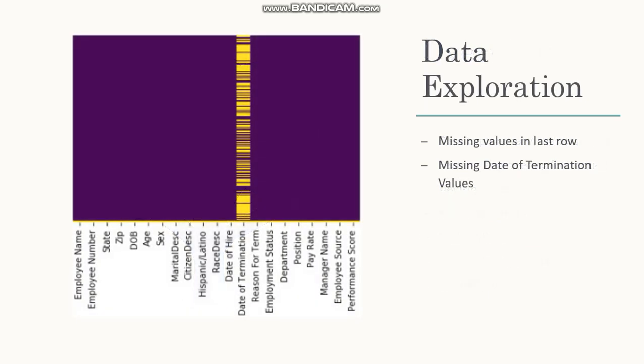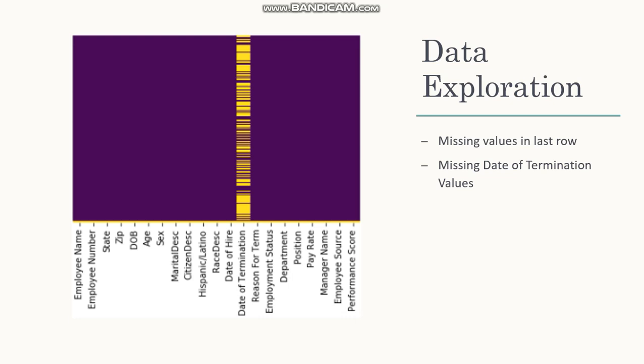So the first data exploration that I did was check for missing values in the data set. As you can see, the date of termination column has a substantial amount of missing entries. And this makes sense because we're looking at an employment data set. Obviously, not all of the employees have been previously terminated, and so many of them probably still work at the company.